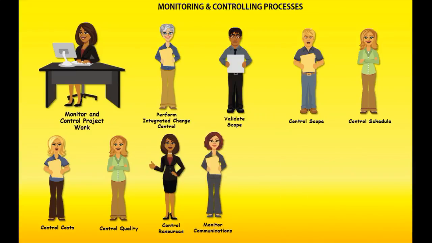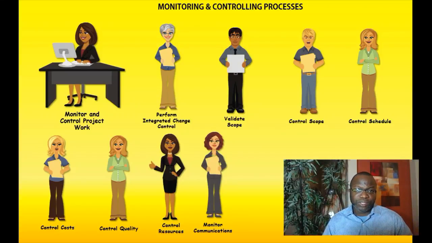Next process here is called monitor communications. This is where the project manager keeps an eye on the communications, make sure that what should have been communicated was communicated, and make sure that the communications management plan is indeed working. If a stakeholder says, project manager, I'm not happy about how the communications have been flowing. I expected to get this, that, and the other communications 5 days ago. I haven't even gotten anything yet. The project manager should seek to change and correct that.